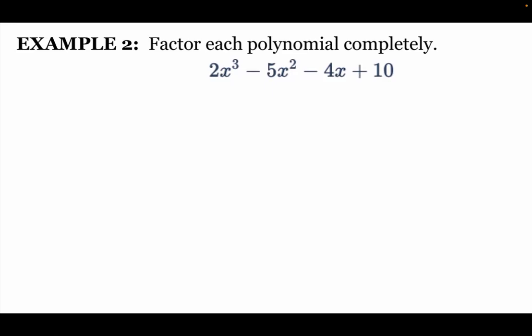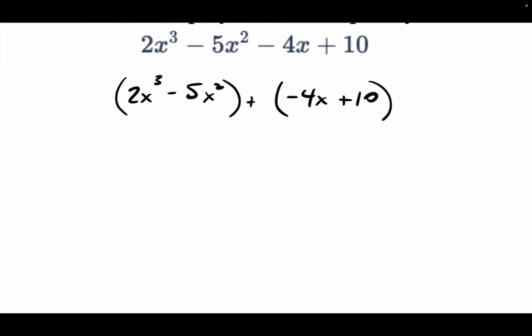Now we're going to split into 2 groups. Always a plus in the middle. The first 2 guys go in the first group. Second 2 guys go in the second group. Okay, that's step 3.